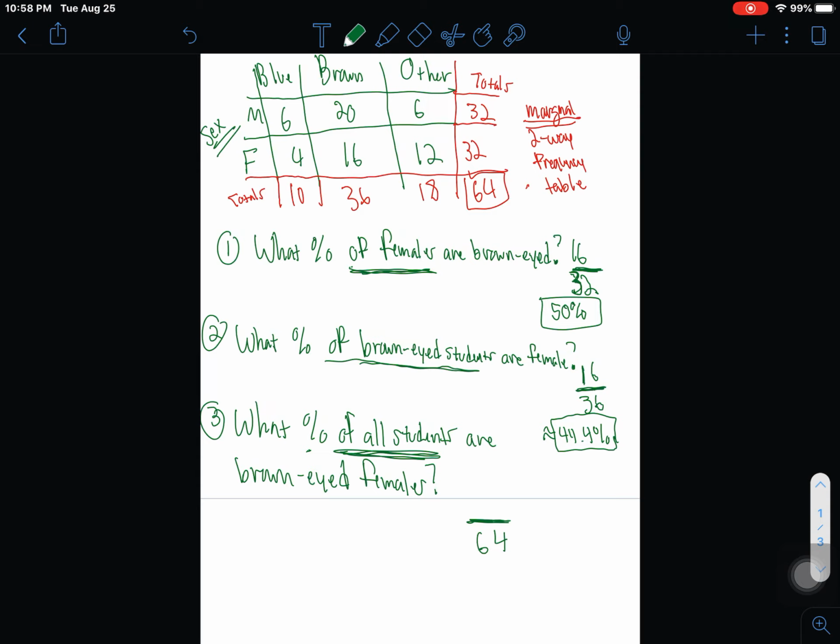And then the other thing are brown-eyed females. Well, how many brown-eyed females do we have? Well, looking over here, I see here's the brown-eyed column, and here's the brown-eyed females. We have 16 brown-eyed females. 16 brown-eyed females out of 64, which comes out to 0.25, which is 25%.